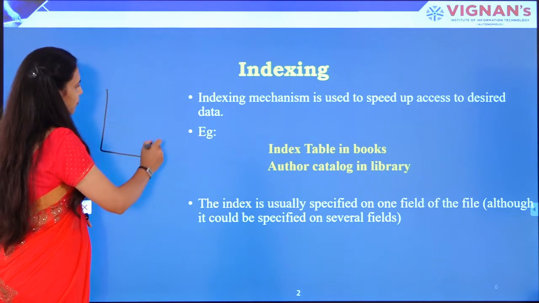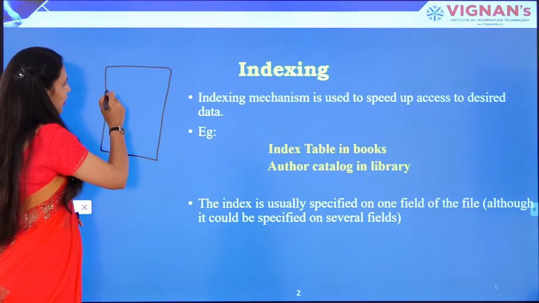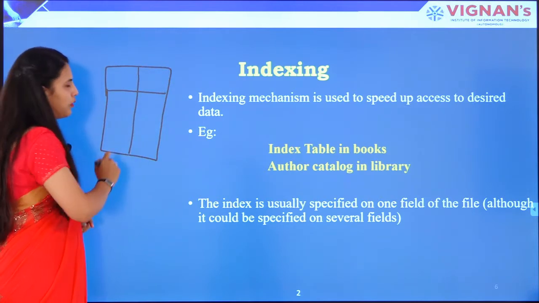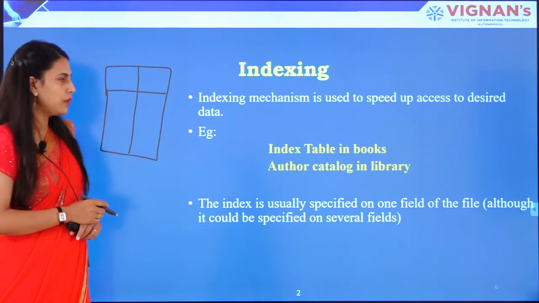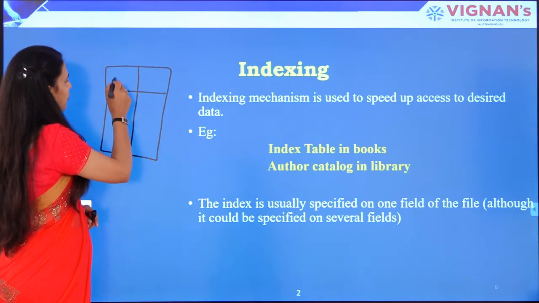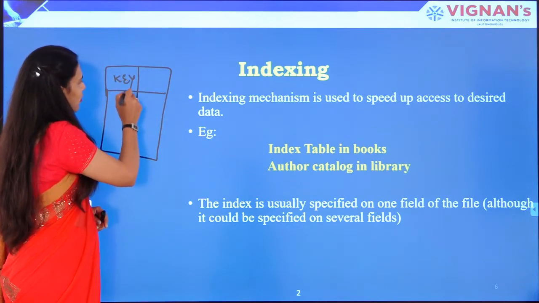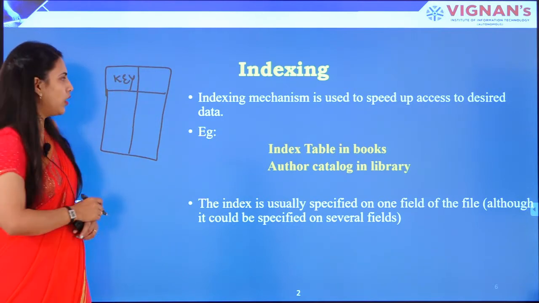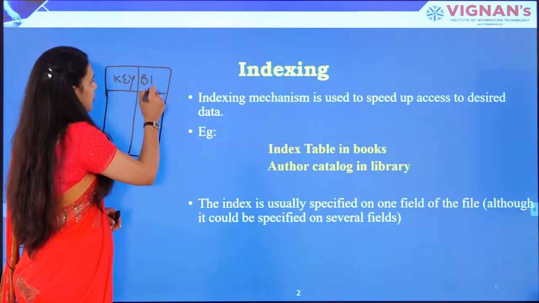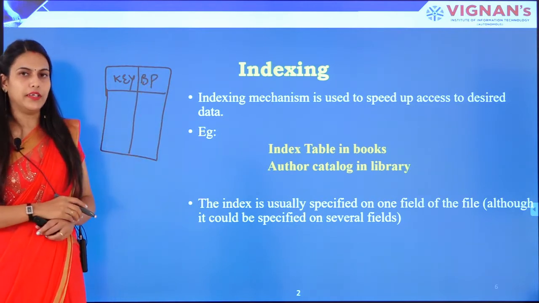Any database file will maintain an index table, and the index table will have 2 columns. One will be the search key or key column, and the second column is the block pointer.